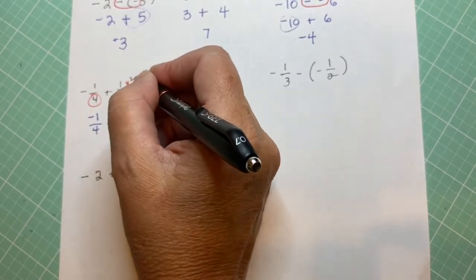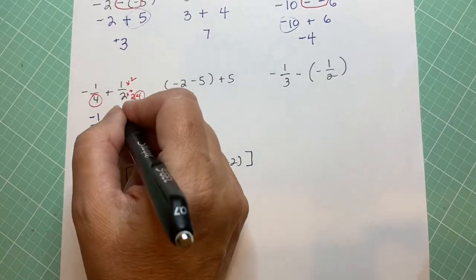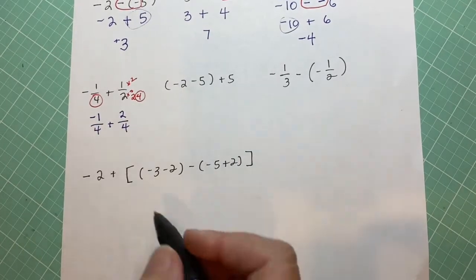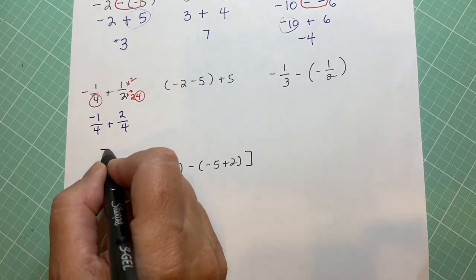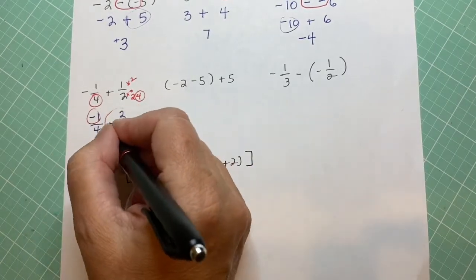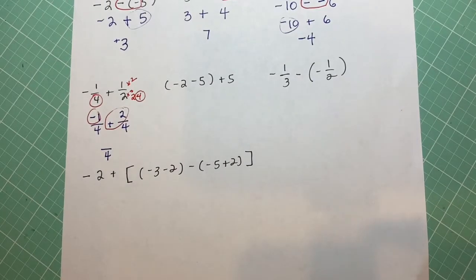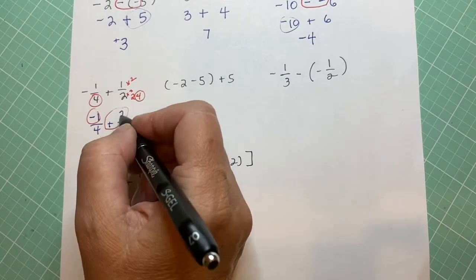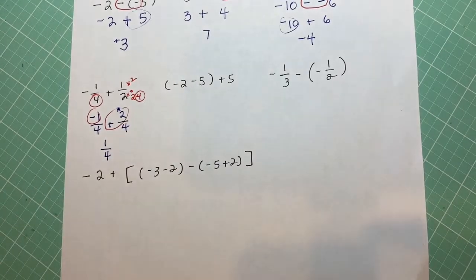So I have to do the same thing to the top. 1 times 2 is 2. Now we have a common denominator, so it just comes down. And then we use our sign rules. This is a negative 1. And this is a positive 2. So we say the signs are different. So we're going to subtract and take the sign of the larger, which is that positive 2. So nice review there of fractions.